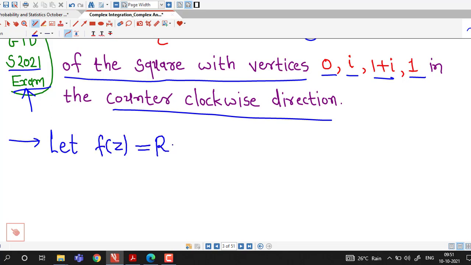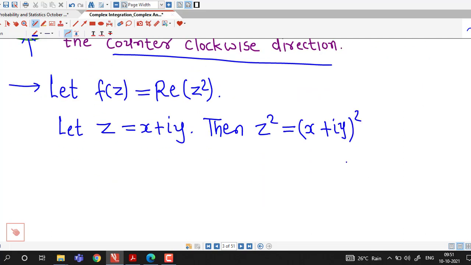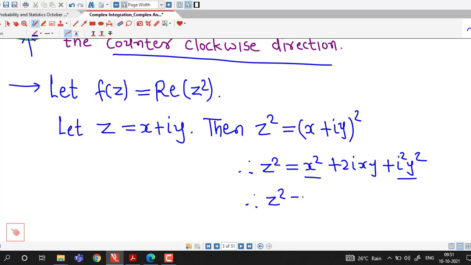So let f of z equal to real part of z square, and if we take z equal to x plus iy, then z square will be equal to the square of x plus iy, and if we simplify this we have z square equal to x square plus 2ixy plus i square y square, and because i square is minus 1 we have x square minus y square plus i times 2xy.